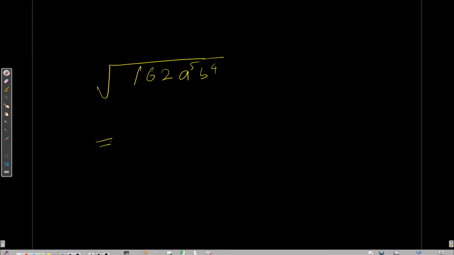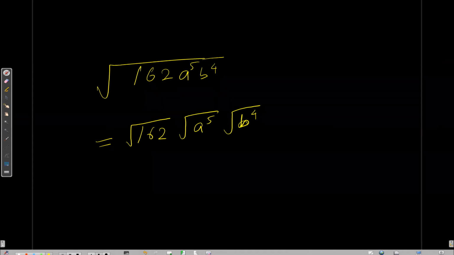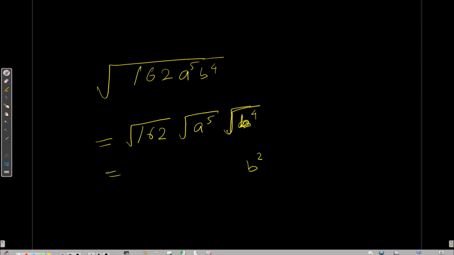I have to be very careful now. According to that rule, I can do this: the square root of A to the 5th times the square root of B to the 4th. So I am isolating the separate terms. Now this guy, the square root of B to the 4th is B squared.